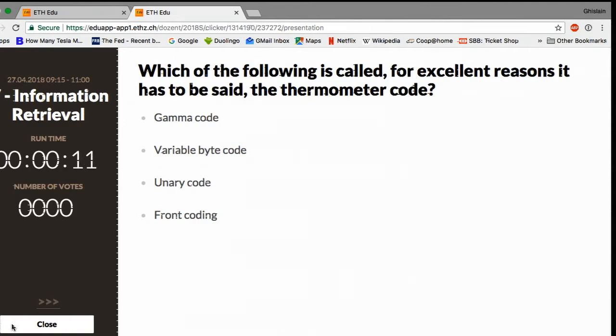So which one of these is the thermometer code? Is it the gamma code? Is it the variable byte encoding? Is it the unary code? Or is it the front coding?